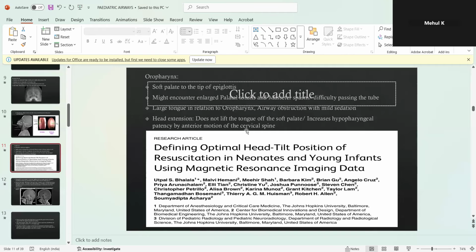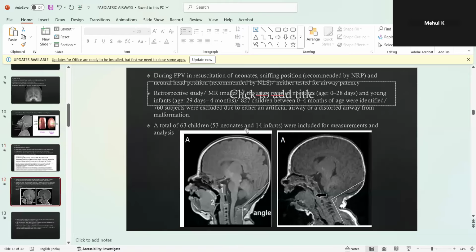People at Johns Hopkins have thought about the same. They conducted a retrospective study where they examined sagittal MRI images to understand the relationship between airway patency and angle of head extension. The angle is measured from occiput to C7 cervical spine.